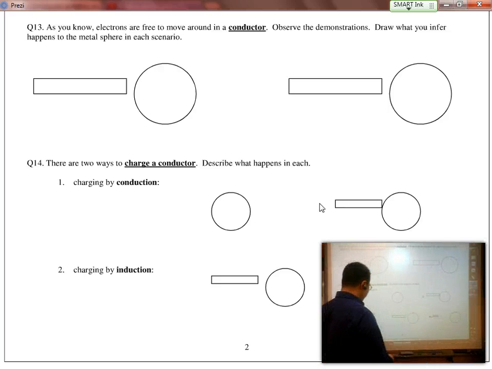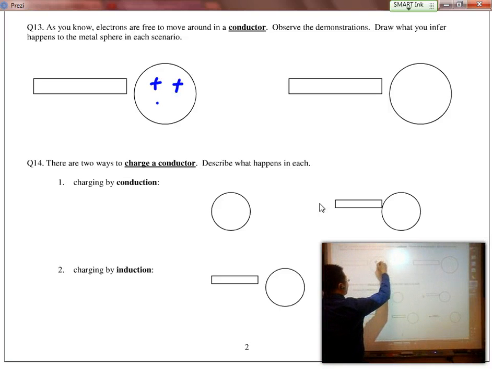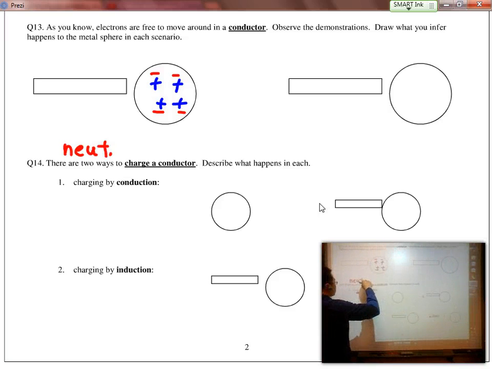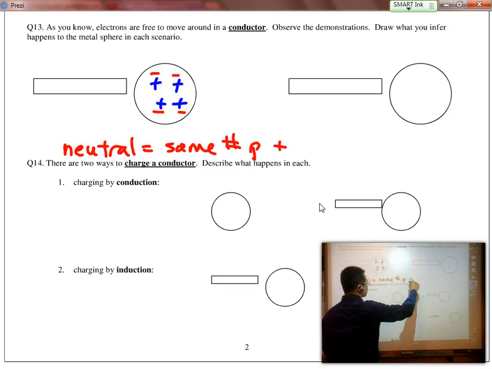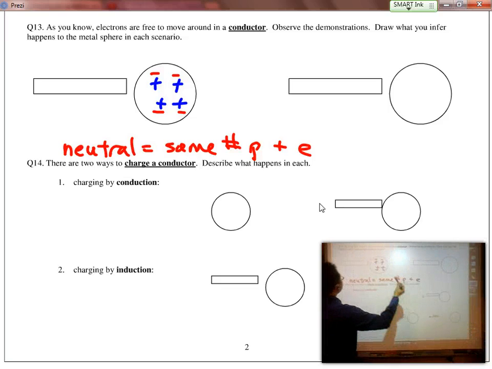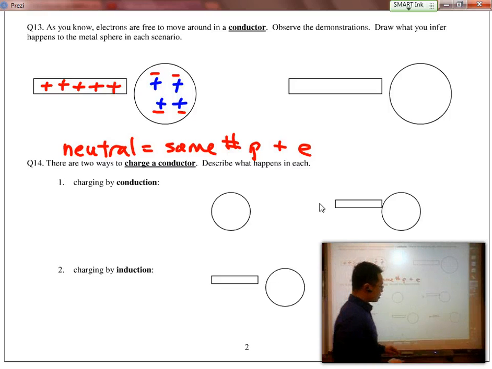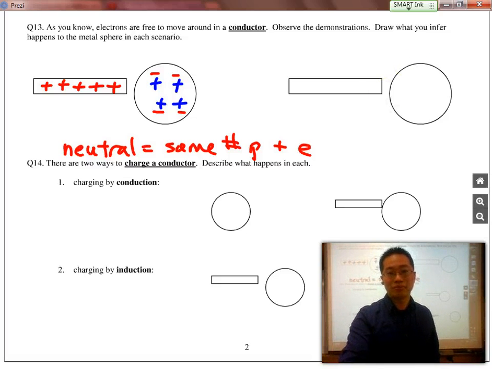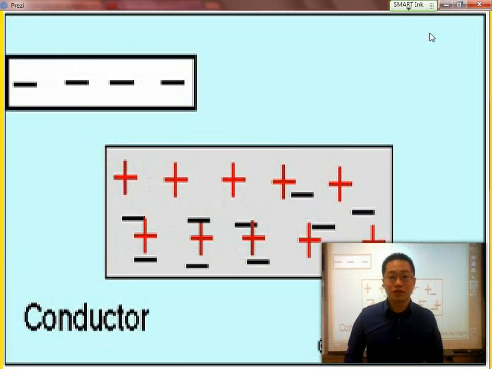In fact, if we were to have a neutral metal sphere of some sort, neutral meaning that you have the same number of protons and electrons, if you were to bring some sort of charged rod towards a metal sphere, the electrons are so mobile that you can actually influence where those electrons are going to be.